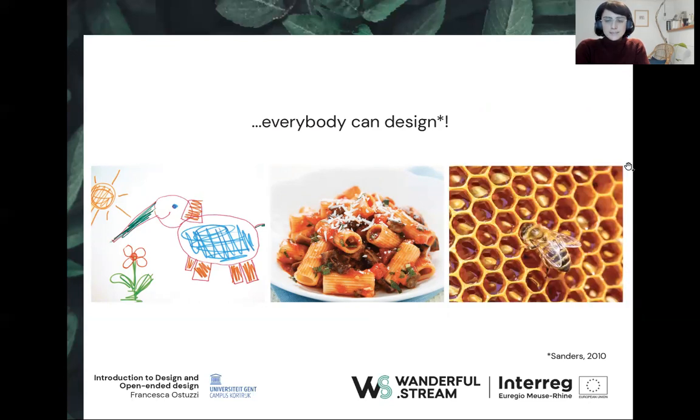And finally, design is so broad that it's not only typical of human beings, but many other living organisms design things with a specific purpose of making their functions easier and their reality better.